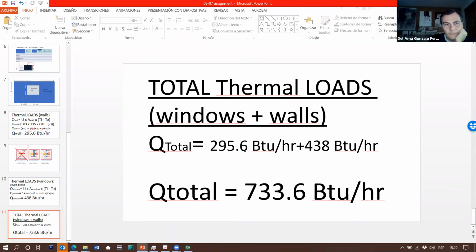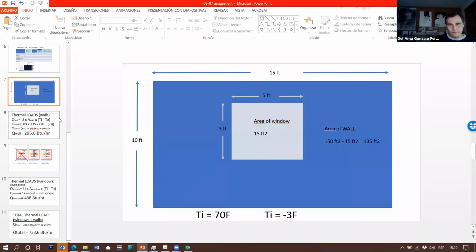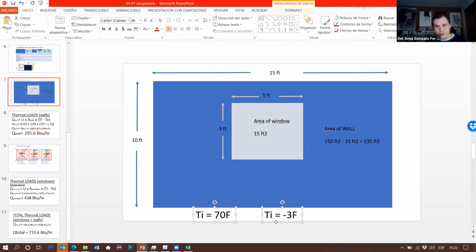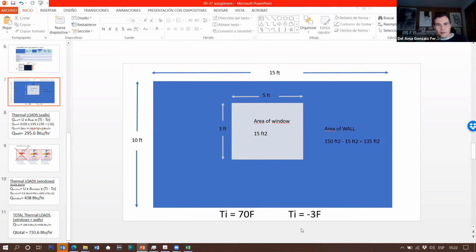This is it. I repeat it again. First, we need data. What are the data of our problem? We need dimensions. First, we need the dimension of the wall. We need dimensions of the windows. We have to calculate the area of window, and we have to calculate the area of the wall.